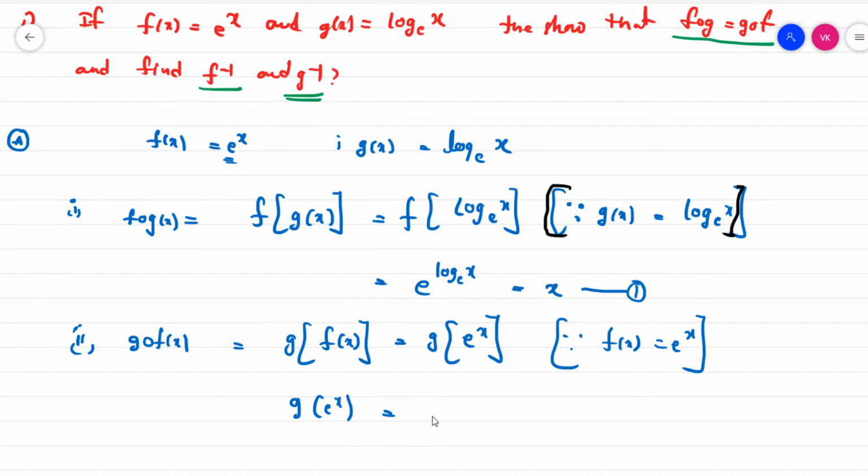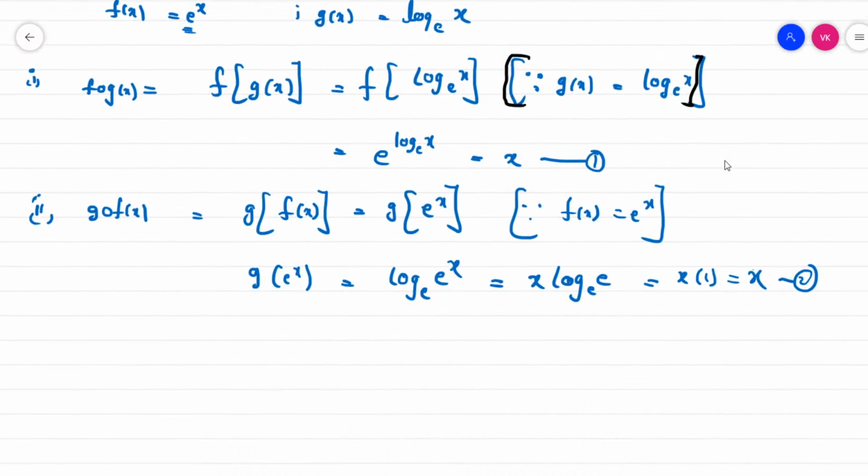We know that log a power m is equal to m log a. So we can write x into log base e of e, and log base e of e is equal to 1, that means x into 1, which is equal to x. Let's consider this as 2.